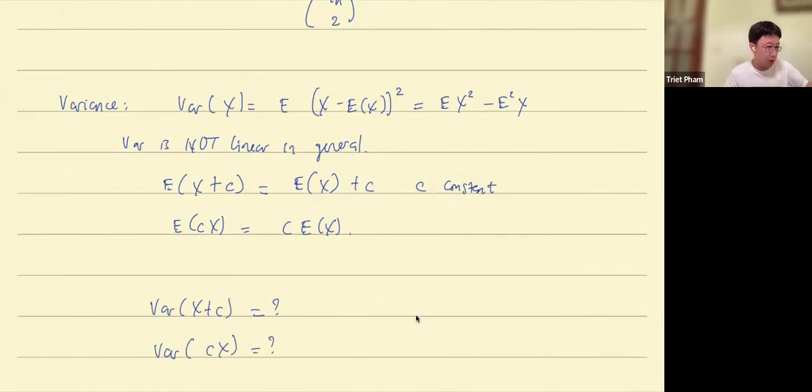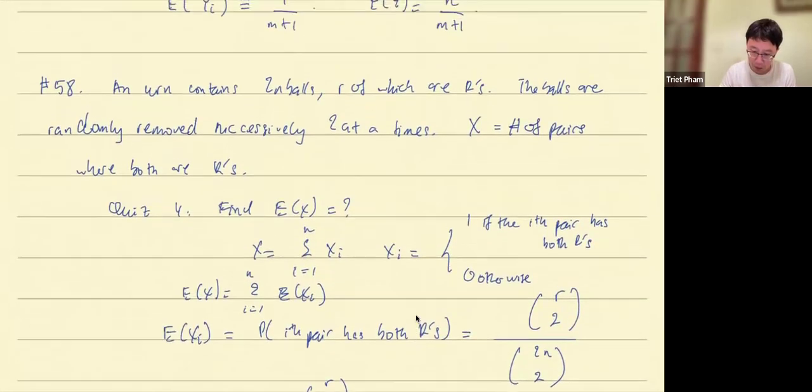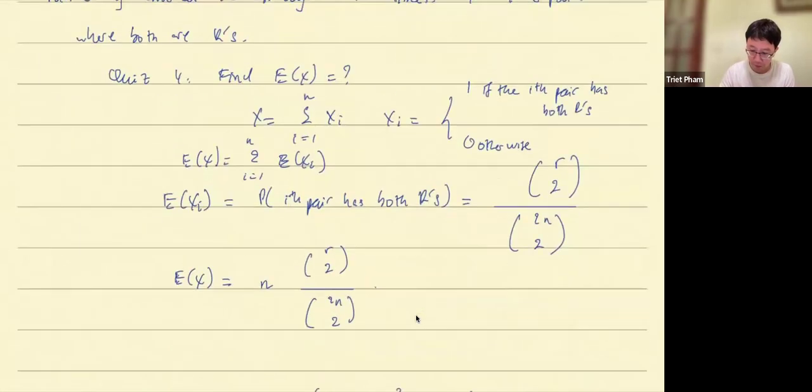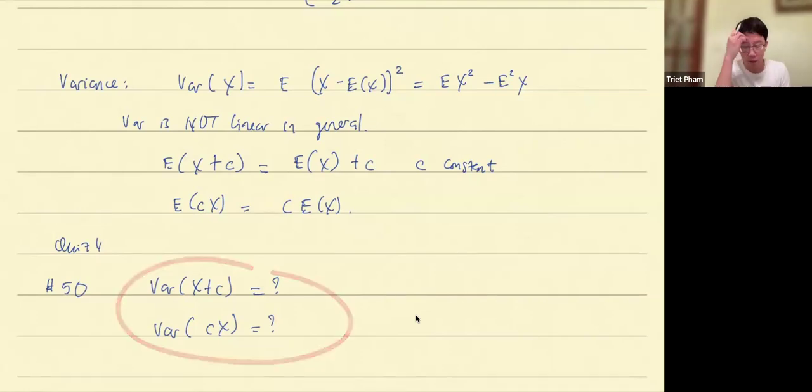This is question 50, which is on your homework. So this is quiz number 4. What is the variance of X plus a constant? And what's the variance of a constant times X? And why?